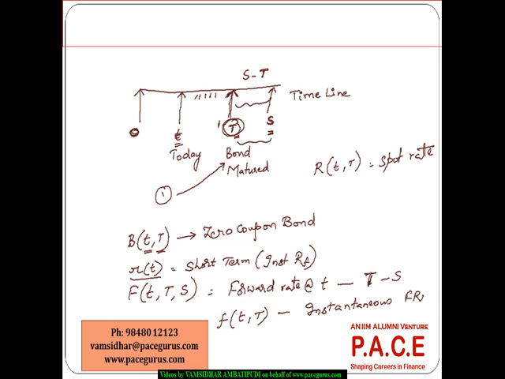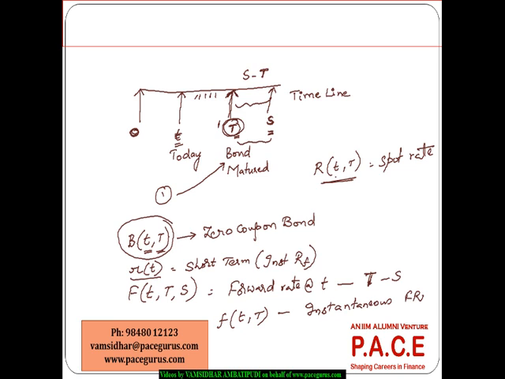The spot rate is that particular interest rate which covers the entire period from t to T. What is the overall annualized interest rate that is going to come? This is a bond which is maturing at time T, and I am trying to find the value of it as of today.